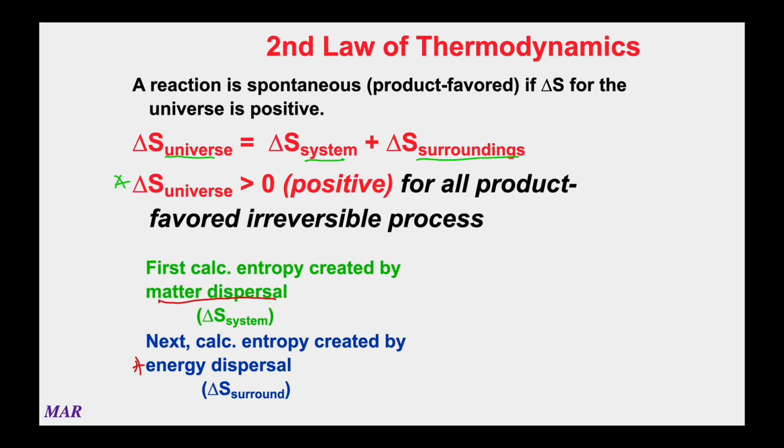And that's going to be the delta S of the surroundings. So if we can calculate the delta S of the system and the delta S of the surroundings, we can add them together. And if the delta S of the universe is greater than 0, that means the reaction is going to occur. It's going to be product favored. On the other hand, if delta S is less than 0, then the reaction won't be product favored. It'll be reactant favored, not as likely to occur.